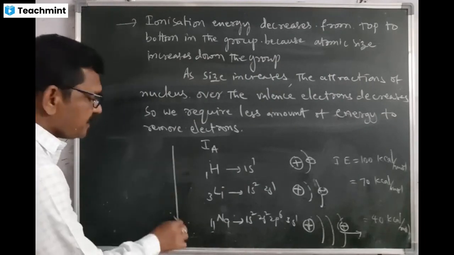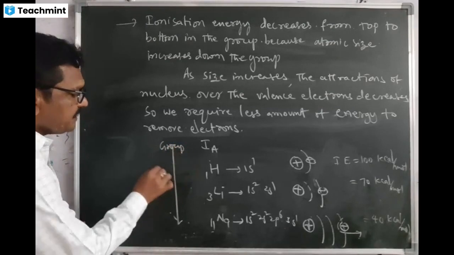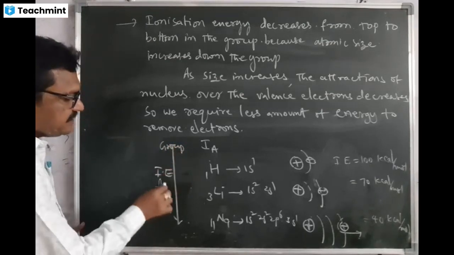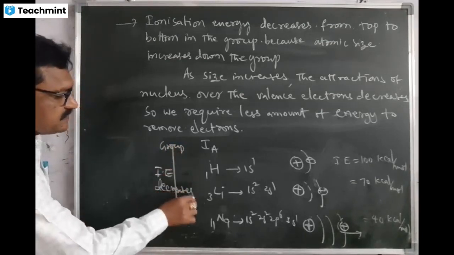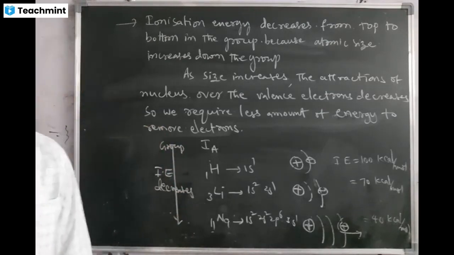So in group, what happens? In group, ionization energy decreases because size increases. Is it clear? Down the group, ionization energy decreases.